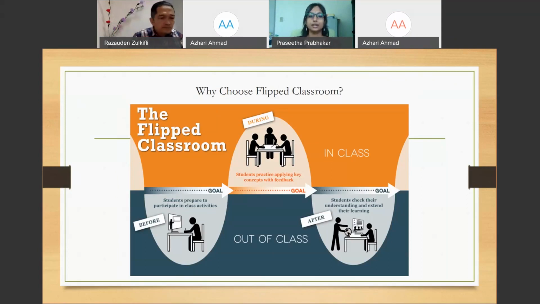In order to do that, students have to be prepared beforehand. There are 3 steps in a flipped classroom: what is to be done before a lecture, what is to be done during the lecture, and finally things to do after a lecture.